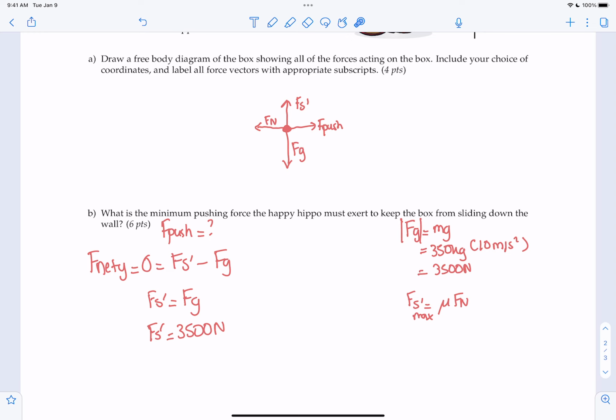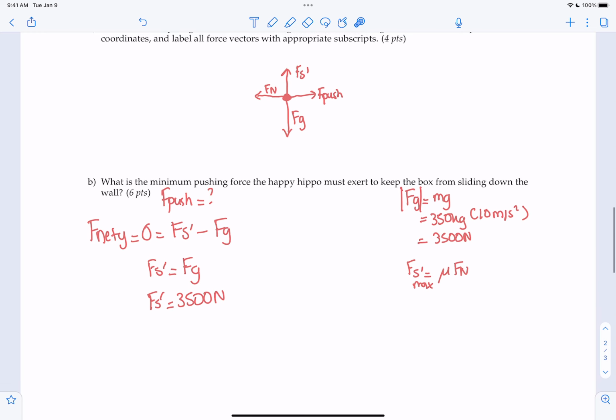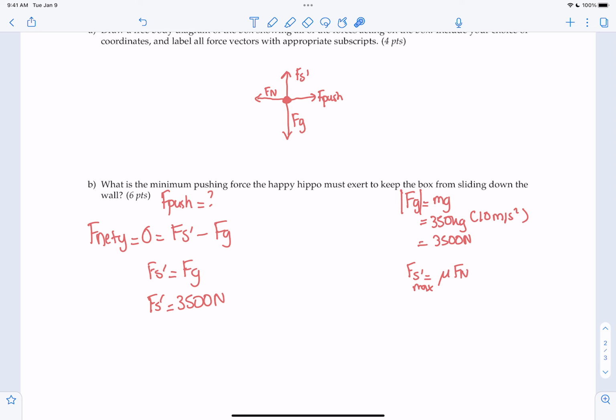I'm trying to think of a better way to explain this, because your static friction force isn't at a maximum until you apply a minimum pushing force. But let's say you apply anything greater than that minimum pushing force. If the minimum pushing force was 200 newtons and I applied 300 newtons, I'd still experience no motion for that box.